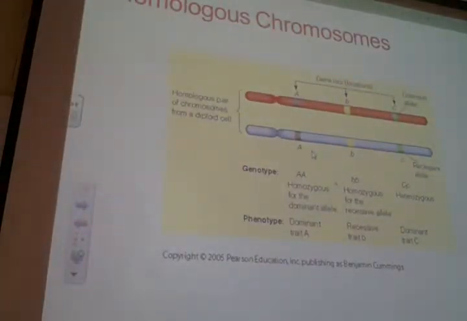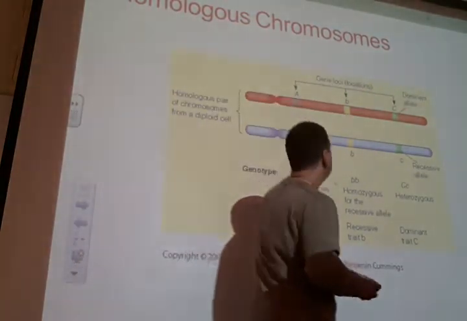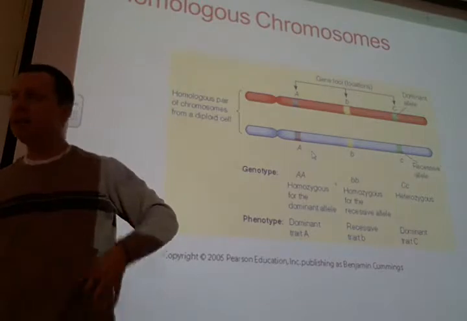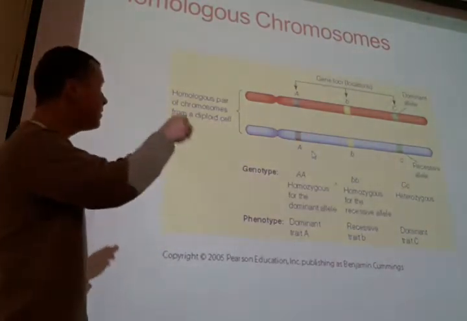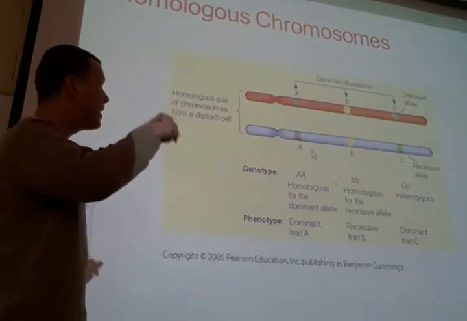Okay, and these are called homologous pairs because they contain the same genes in the same order. Now they might have different alleles. Remember this from 110, right? Capital A, capital B, small b, those kinds of things. So they could have the same allele. So in this example, 2 capital A's, so they're homozygous dominant.